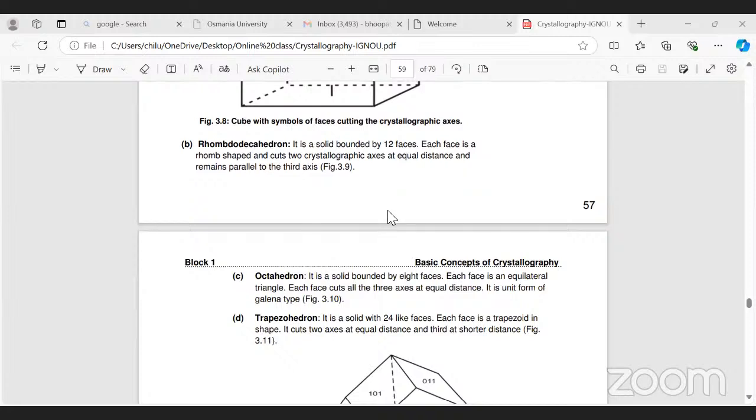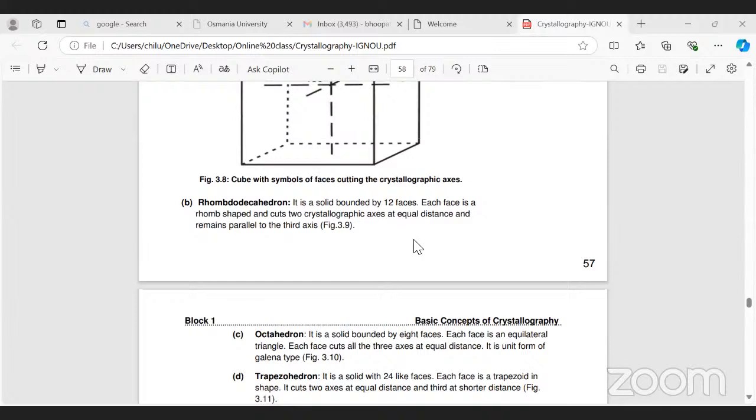Next one is the rhombic dodecahedron. It has 12 faces, whereas the previous one, the cube, has 6 faces.